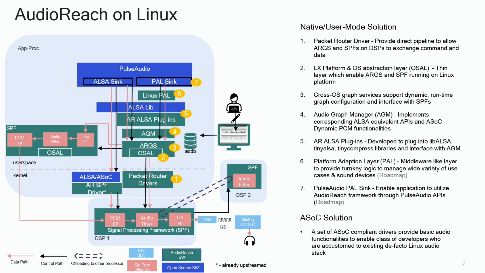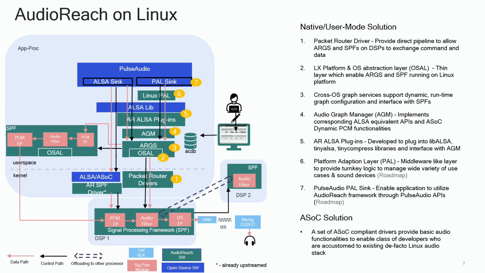If you are looking for the full feature set, then I recommend that you use one of the user mode architecture paths. In this one, we have Pulse Audio directly connected to, or running on top of, libALSA, and then we have an ALSA plugin to interact with the generic AudioReach components.